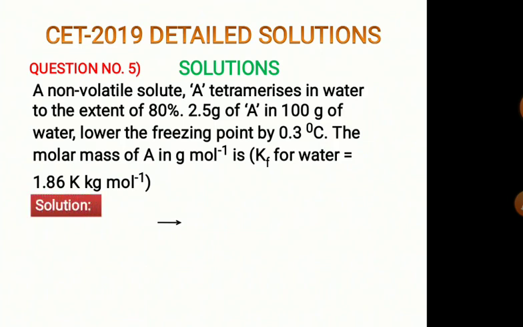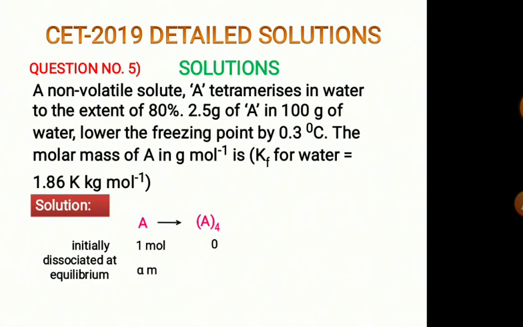A tetramerizes, meaning A gives rise to A4. So initially how many moles of A have we taken? 1 mole. Initially A4 is 0. At equilibrium, alpha mole dissociated gives rise to alpha by 4 mole.